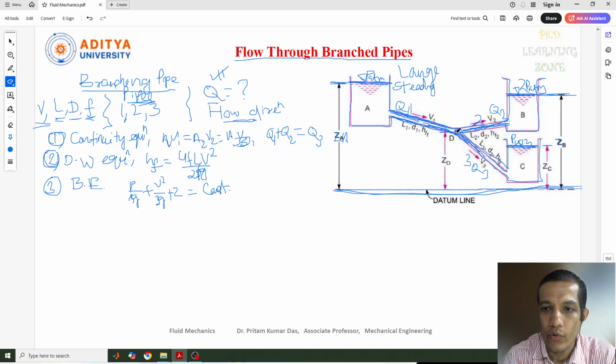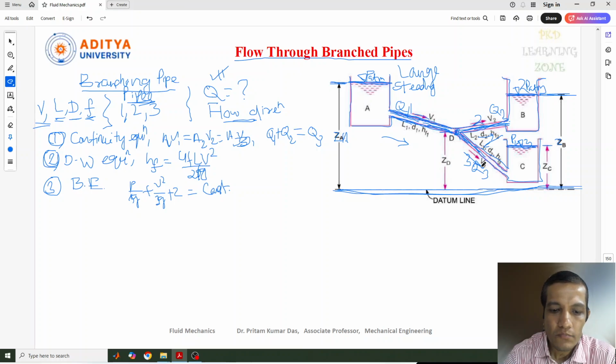Now the flow came from A to D, then from D to B is also possible, and B to D also, and finally from D to C. Okay, now arrow marks are given. We can see this is the velocity V1, velocity V2, velocity V3.